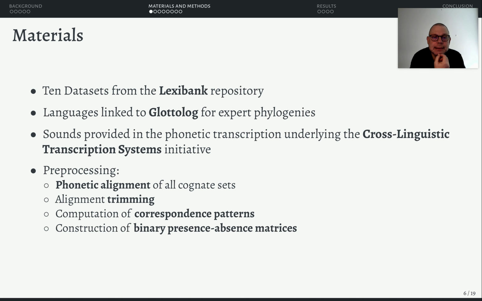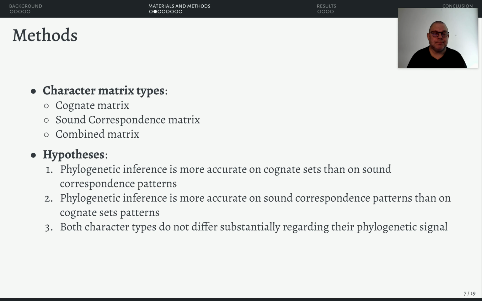We linked these data to the Glottolog classification and used Glottolog as a gold standard. The sounds were provided in the phonetic transcription underlying the Cross-Linguistic Transcription Systems initiative. The pre-processing steps are doing phonetic alignment, trimming the alignment, computing correspondence patterns, and representing everything in a binary presence-absence matrix.